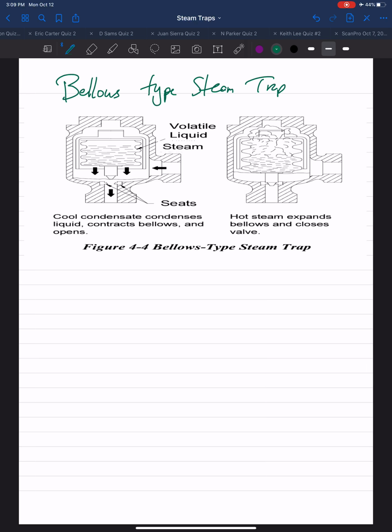So this type of steam trap, bellows type, consists of a bellows that contains a volatile liquid and valve arrangement.